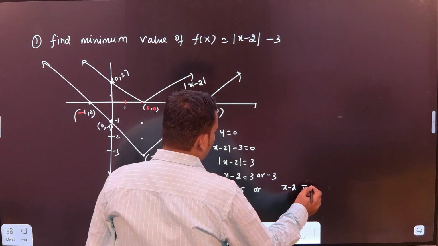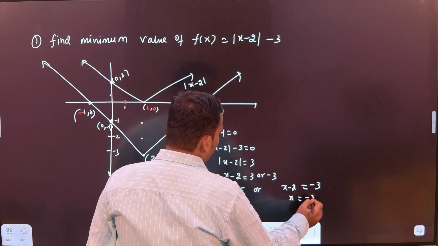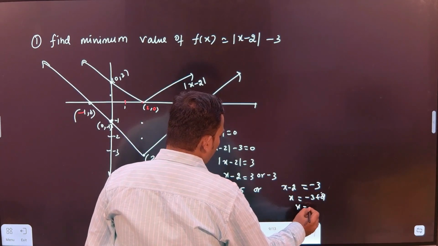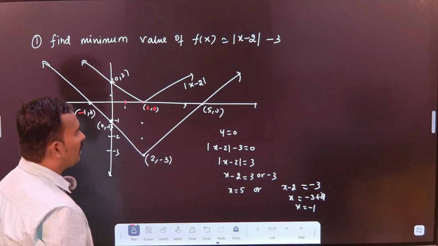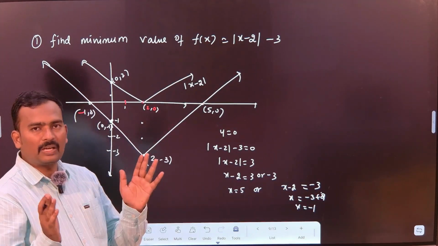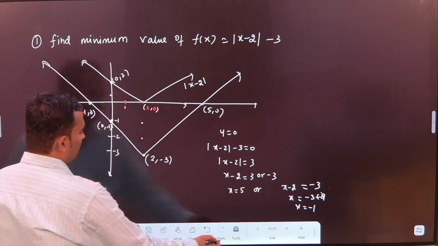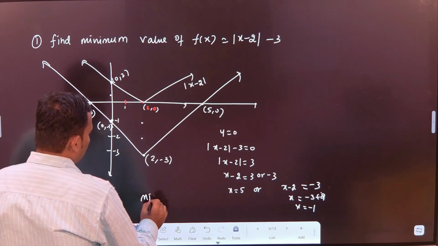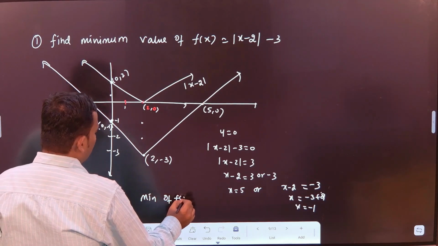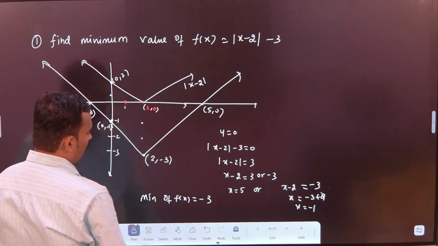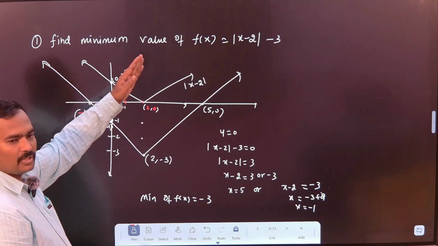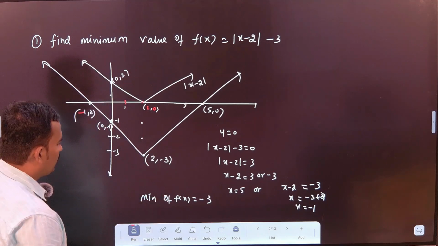X minus 2 is equal to minus 3, x is equal to minus 3 plus 2, x is equal to minus 1. Minus 1 comma 0 and 5 comma 0. Therefore, the minimum value of this expression is minus 3, right? Minimum of f of x is what? Minus 3. What is the range? Minus 3 to infinity. Therefore, the minimum value here is what? Minus 3. Okay, we'll look at the next question.